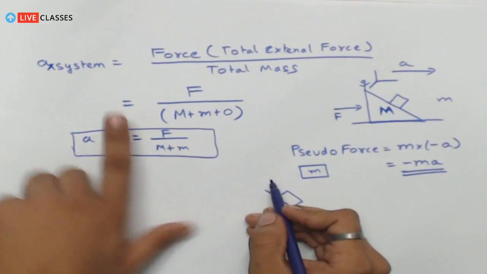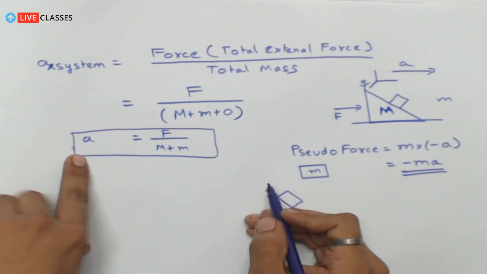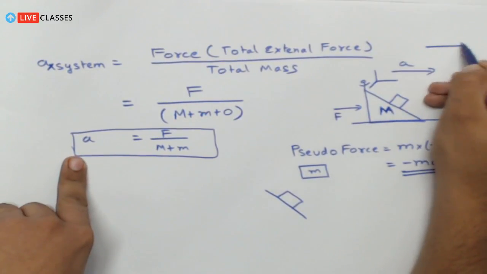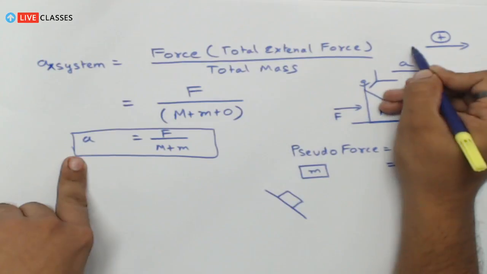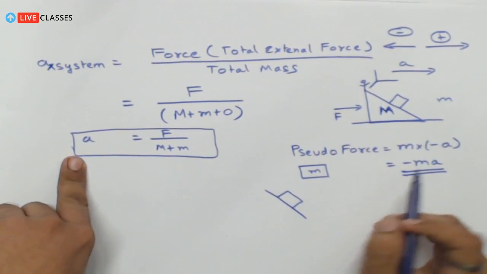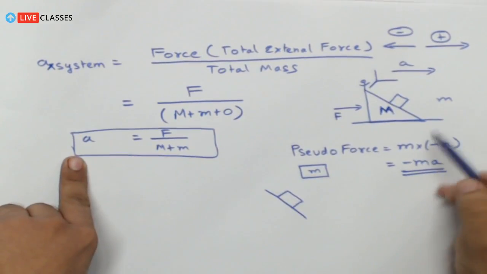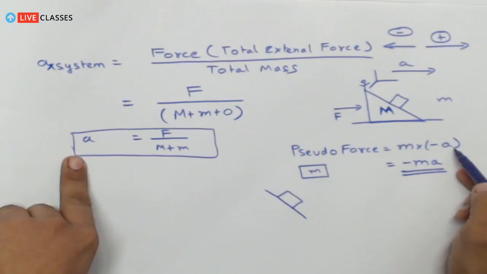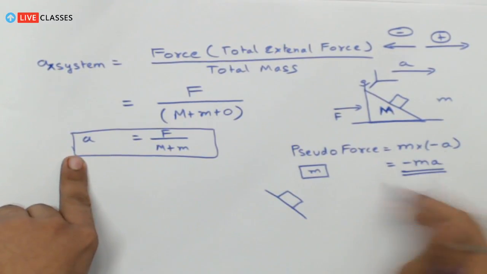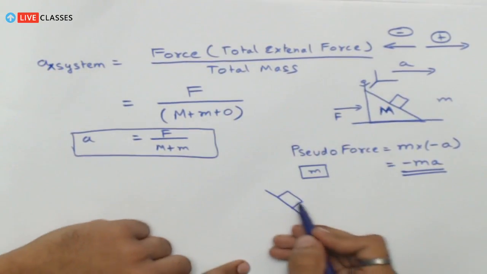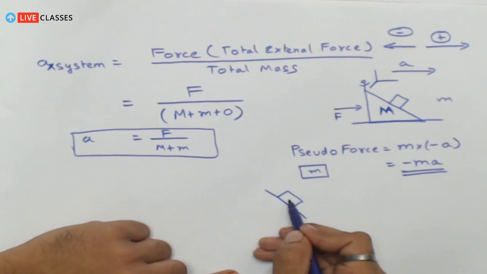As the acceleration is ax, the man has acceleration in this direction. Let's say this is positive, this is negative. Sign convention, remember, sign convention is a must in physics. So the pseudo force is mass times the negative of the acceleration of the frame of reference. So minus ma, this is the magnitude, and minus is there: this side is negative, this side is positive.